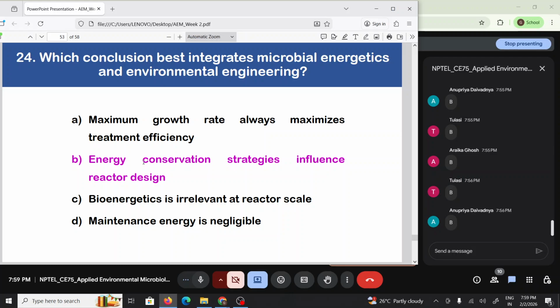Environmental engineering is about using microorganisms for detection or treatment in the environmental system. These are the two major applications of microbes in environmental engineering. In that case, your energy conservation strategies will influence your reactor design.